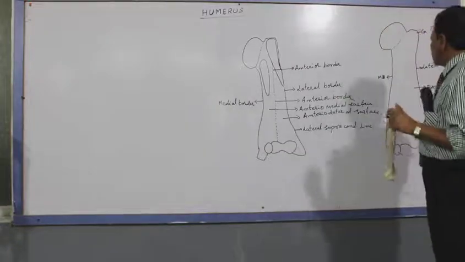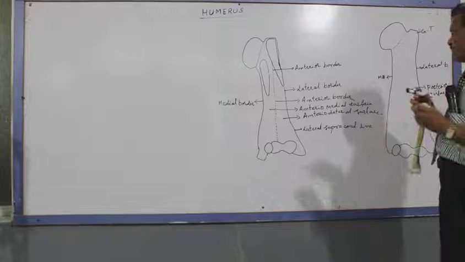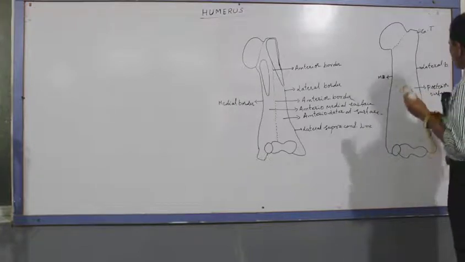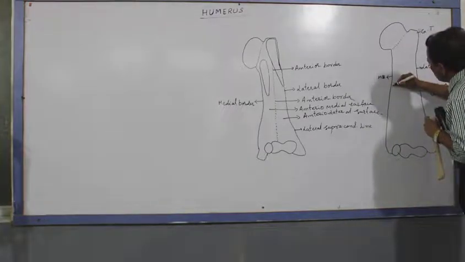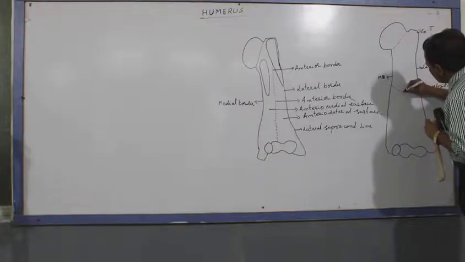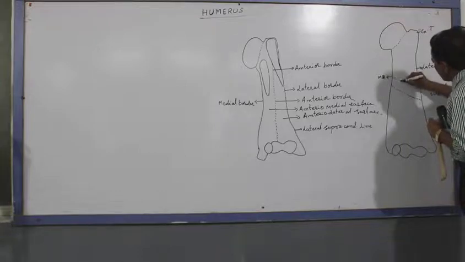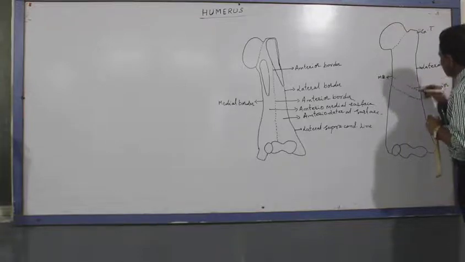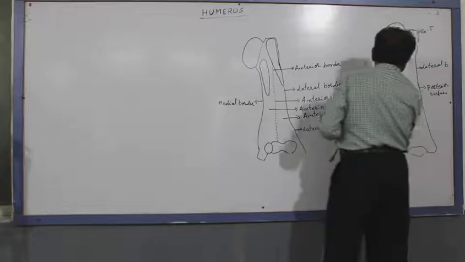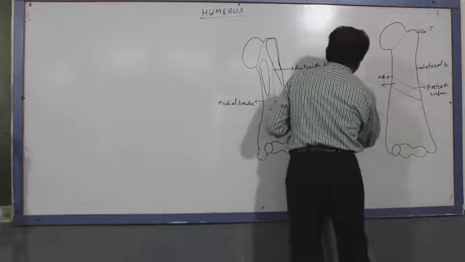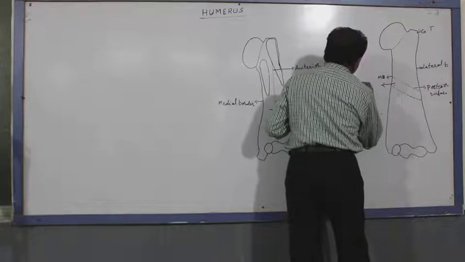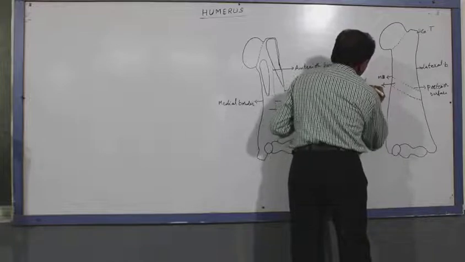And this posterior surface is divided into two by the radial groove. So the radial groove is located here. This one is the radial groove.